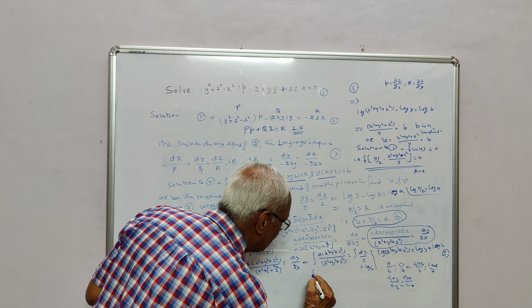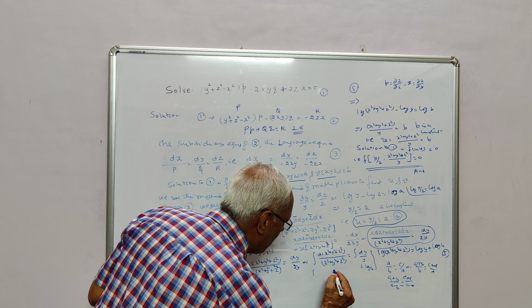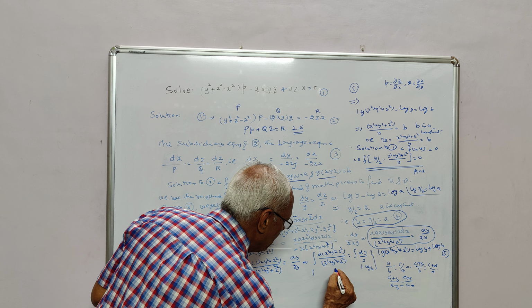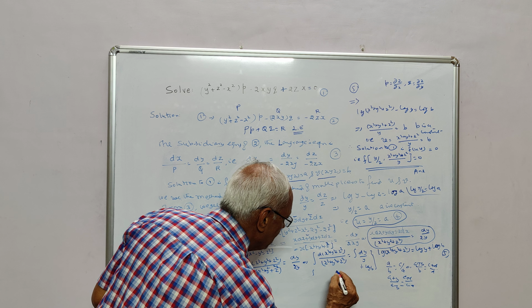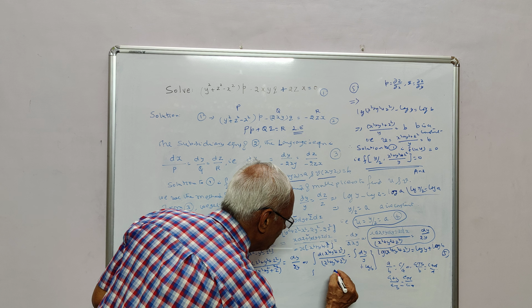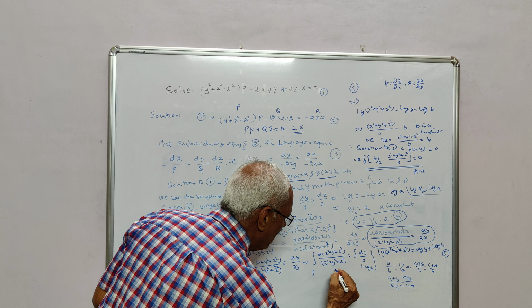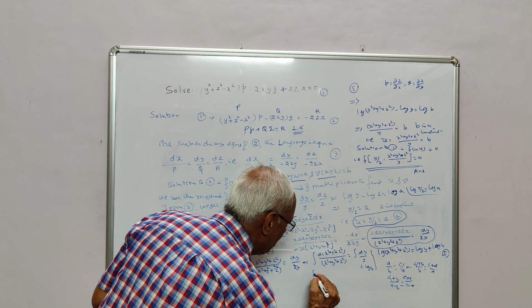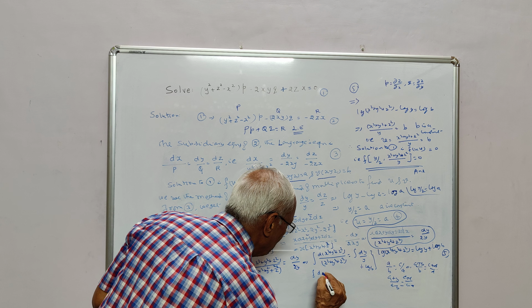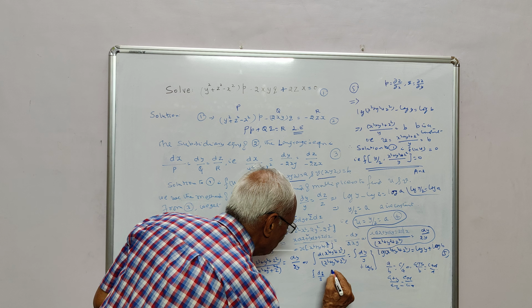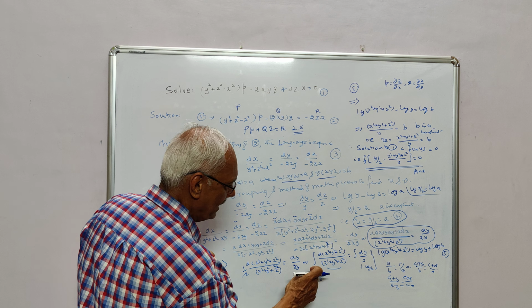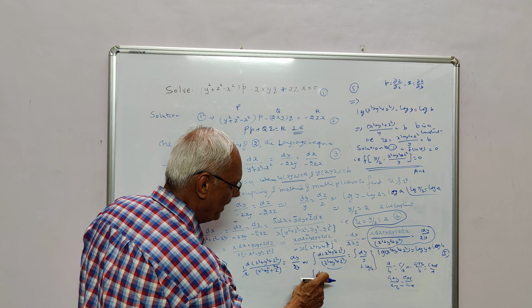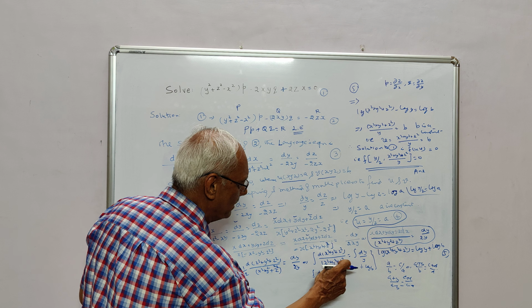Because you see that I identify this as, let me call this as some name, you can give some name, it is of the form ds by s, where s is your x square plus y square plus z square.